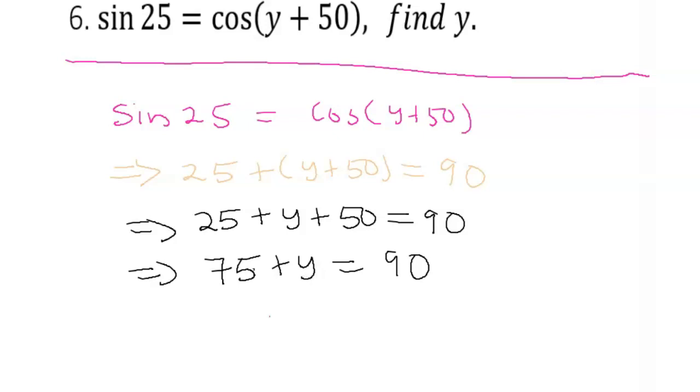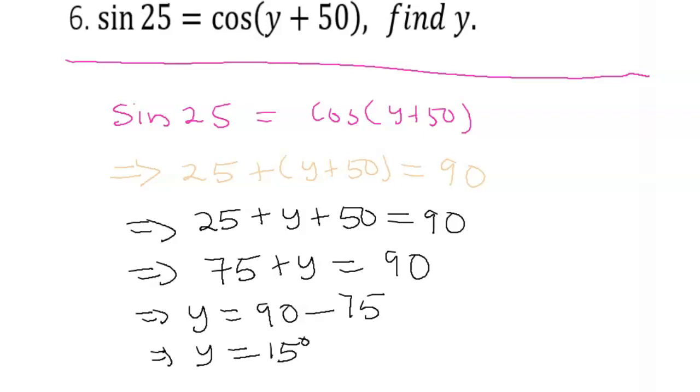And to find y, we send the 75 to the right hand side. So y is equal to 90 minus 75, which gives 15 degrees.